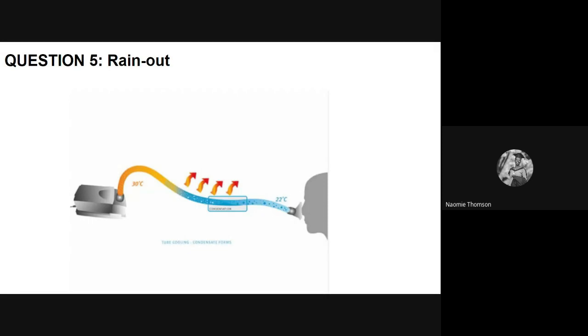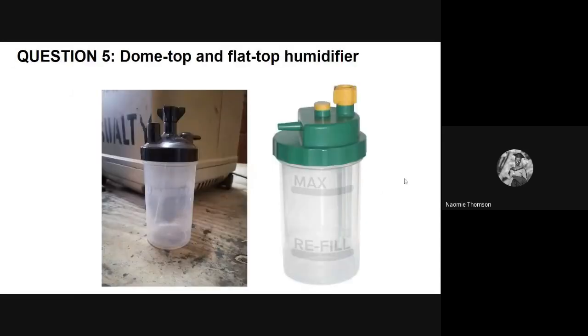With the flat top bottle, when the water droplets accumulate at the lid of the bottle, they can get pushed out together with the air into the tubings. But with the dome-shaped humidifier bottle, when the water accumulates at the lid, it slides down the sides because of the dome shape, because it's more slanted than the flat top humidifier bottle.